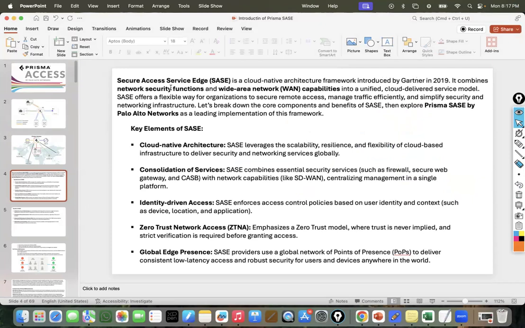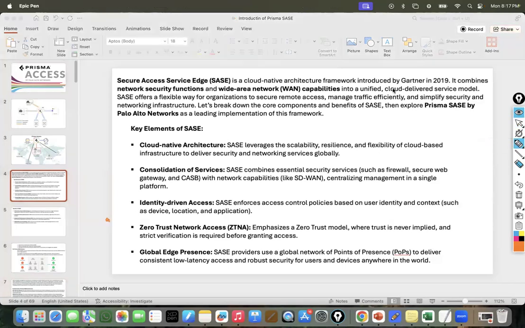It combines your network security functions, not only for the WAN but for the LAN, WAN, or anything beyond, such as your cloud infrastructure, into a unified solution, like cloud-delivered service models. So network security functions are stretched from your user machine to the end of the applications.